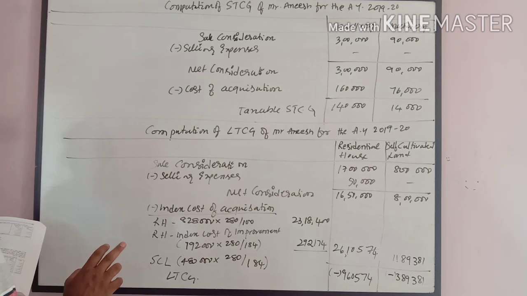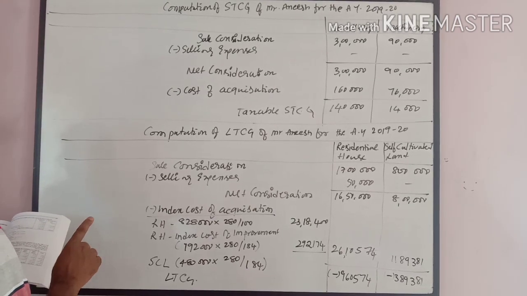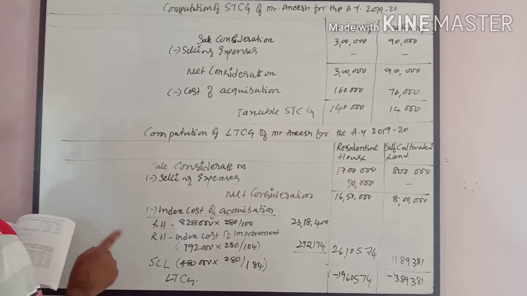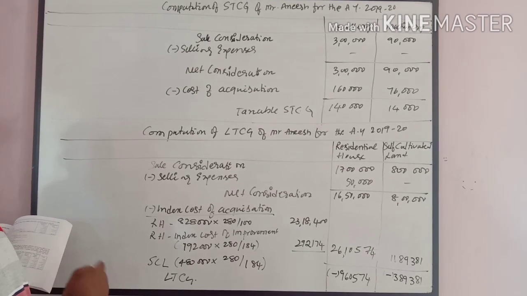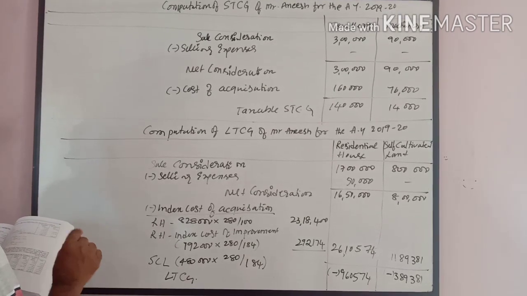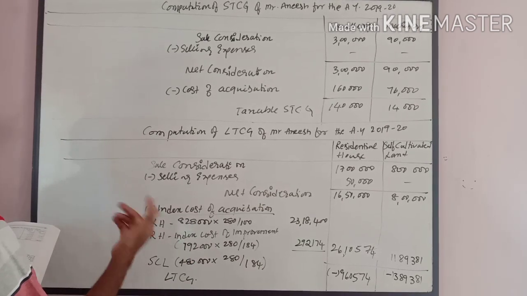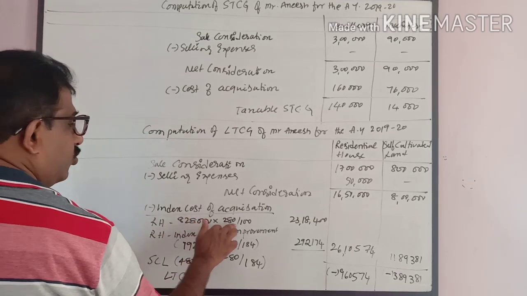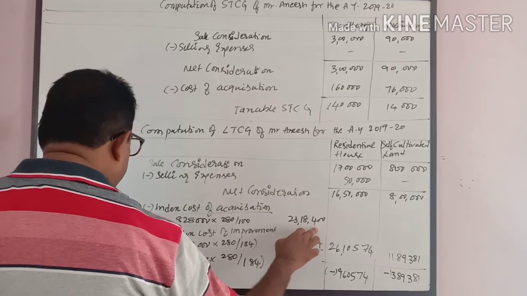You just look here, the asset is acquired in the year 1994 and the fair market value is 8 lakh 28,000 in the year 2001. So fair market value or actual cost of acquisition, whichever is higher. Here cost of acquisition is not given but fair market value is given. So 8 lakh 28,000 into 280 by 100 comes to 23 lakh 18,400.